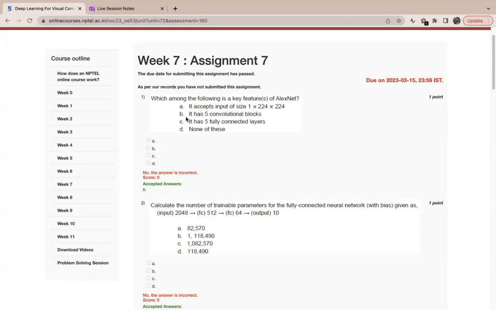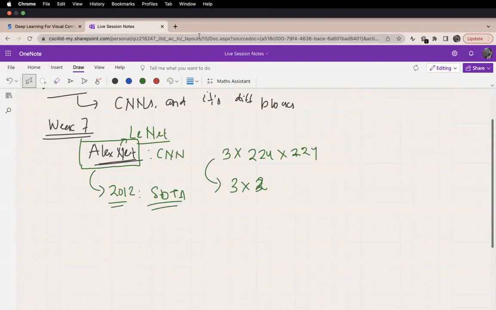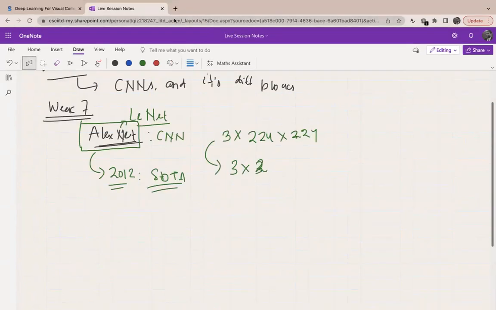First one is that it has 5 convolutional blocks. Second one is that it accepts an input size of 1 into 224 into 224. In the paper it was written that it accepts input of dimension 3 into 224 into 224, but in the actual implementation, they did 3 into 227 into 227.